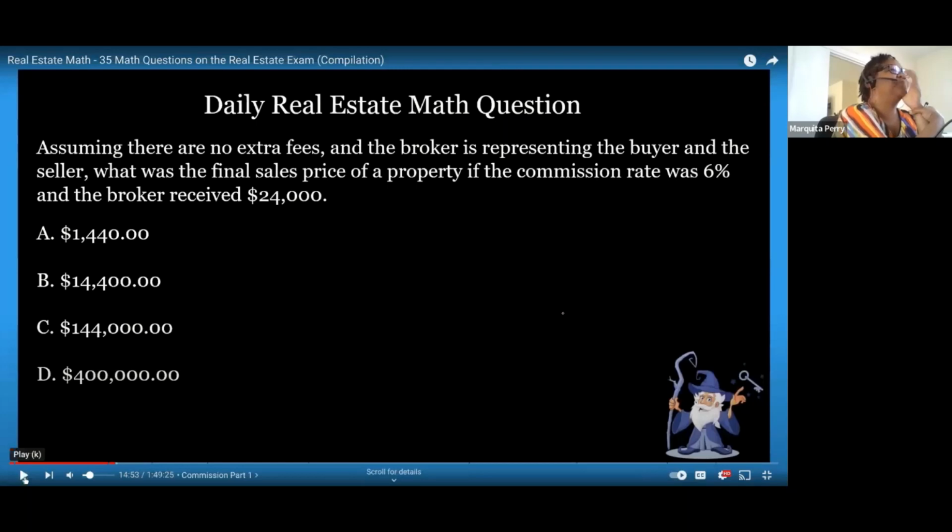All right. Assuming there are no extra fees and the broker is representing the buyer and the seller, what was the final sales price of a property if the commission rate was 6% and the broker received $24,000?